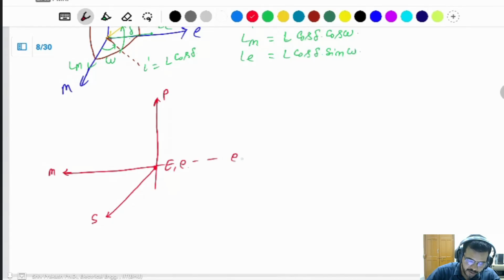So the equatorial plane, if you cut from the middle of the surface of the earth, you can get the equatorial plane. A 90 degree of this one is the zenith axis from south.